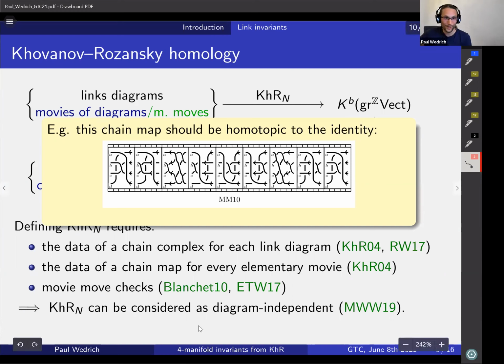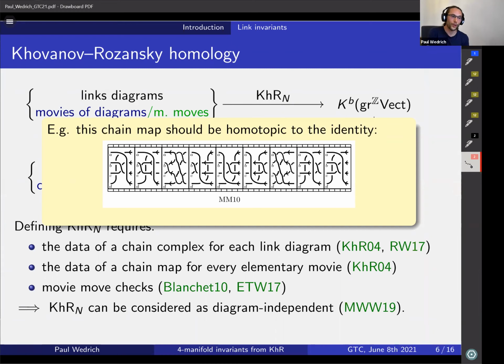So to the composite of these 8 Reidemeister 3 moves, it assigns another chain map. But somehow this movie models a tangle cobordism, which is isotopic to the identity. It's really just somehow shaking these strings. And there's one movie move that says that the composite of these chain maps should be homotopic to the identity. Okay, so that's something you have to check in this 3rd step.